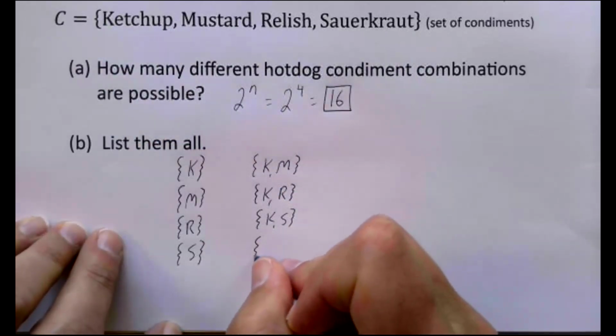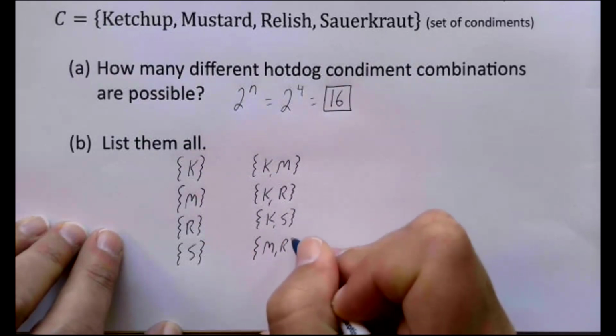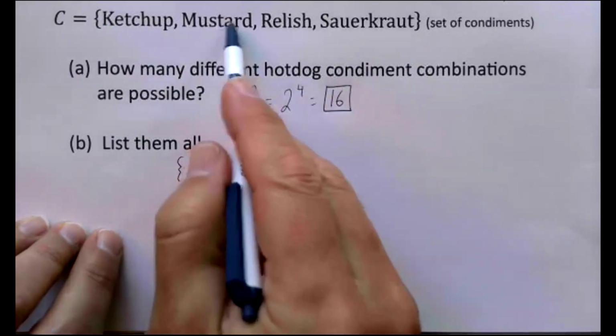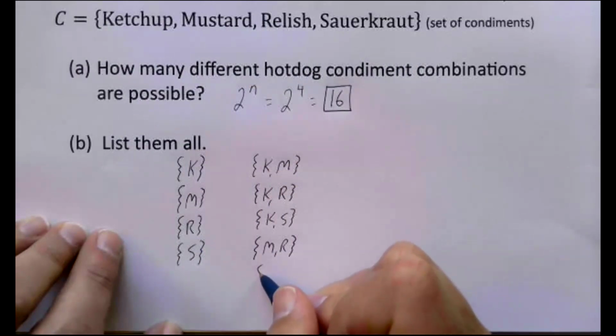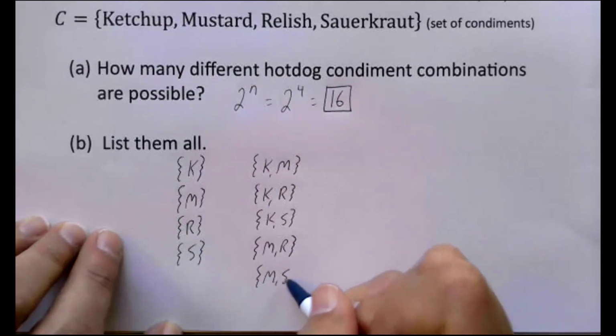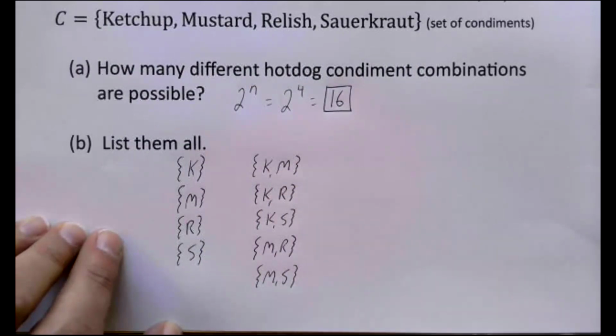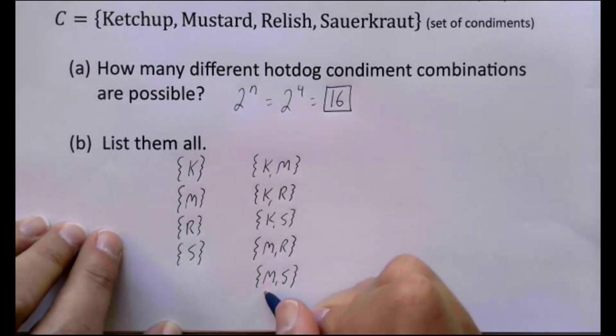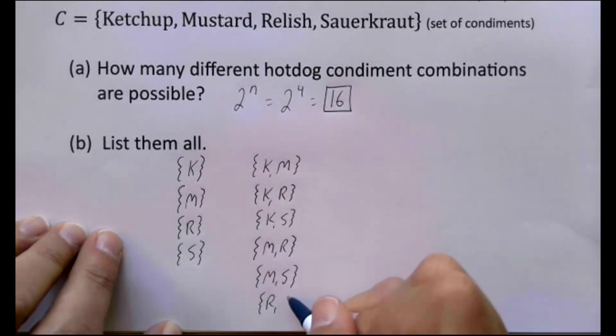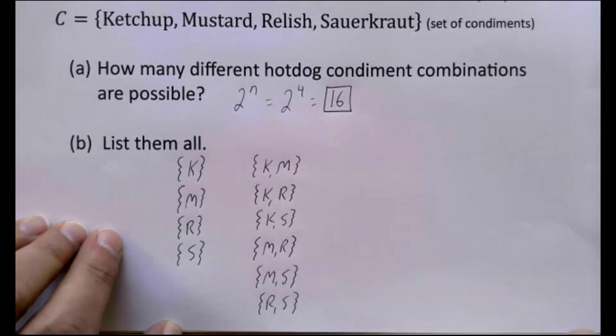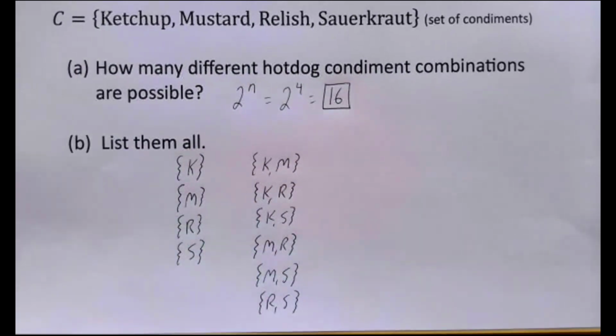How about mustard and relish only? That's another kind of hot dog I could order. How about just mustard and sauerkraut? How about just relish and sauerkraut? Can you come up with any more that have exactly 2? I don't think you can.